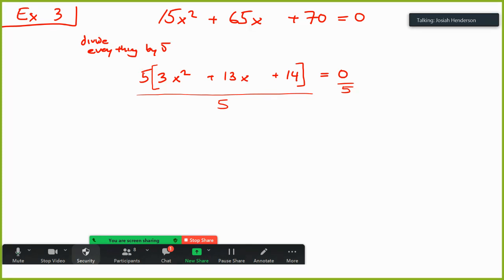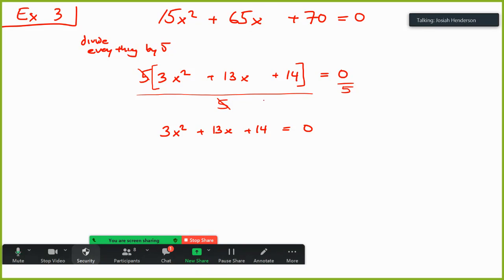On the left, we have 5 over 5, and they cancel. So it's gone. And on the right, 0 divided by 5 is 0. So when we factor out a common number from all the terms before we start, when we're able to, like this time, it goes away completely. And that's great news for us. So we have 3x squared plus 13x plus 14 equals 0.